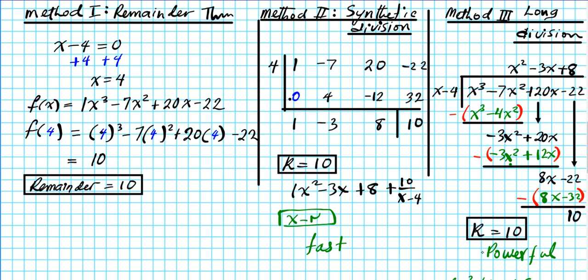So that's why this method is powerful, because it can handle any kind of division of polynomials problem you throw its way. But this one is limited. When you present problems that are of a particular setting that it can handle, it's extremely fast to use. Okay? So it's important that you know all three methods, and you also want to know the best methods to use for any particular problem.